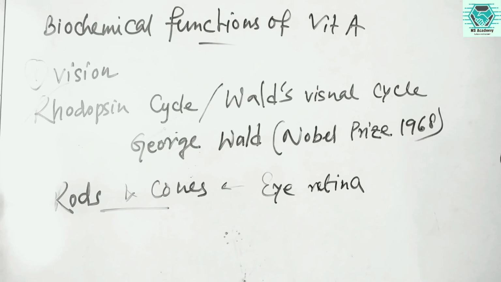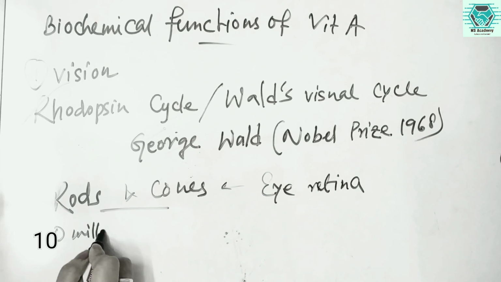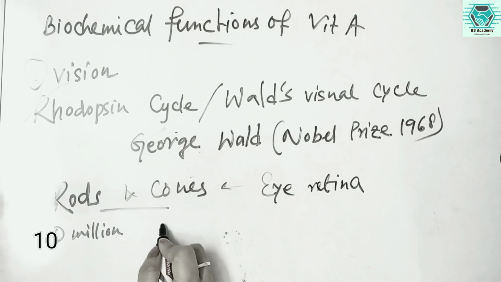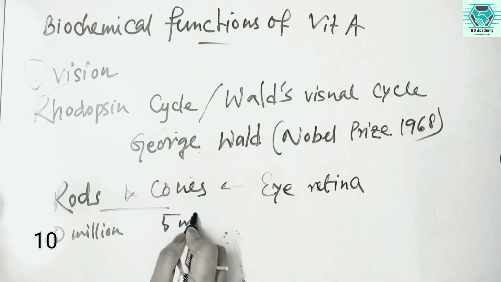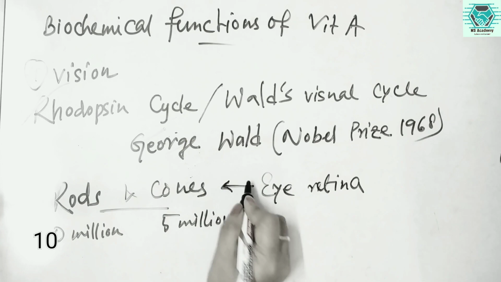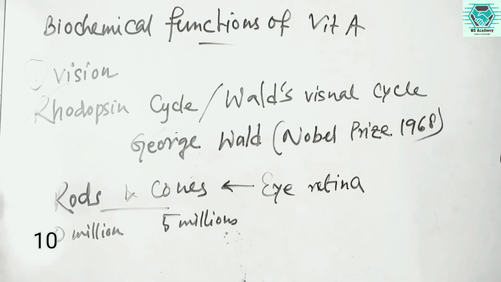The human eye has about 10 million rods and about 5 million cones. The rods are in the periphery while cones are at the center of the retina. When I discuss the retina, we will understand its structure and physiological features, that the rod cells are present in the periphery while the cones are at the center.